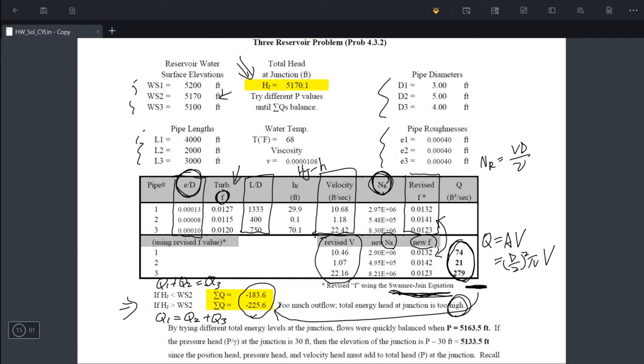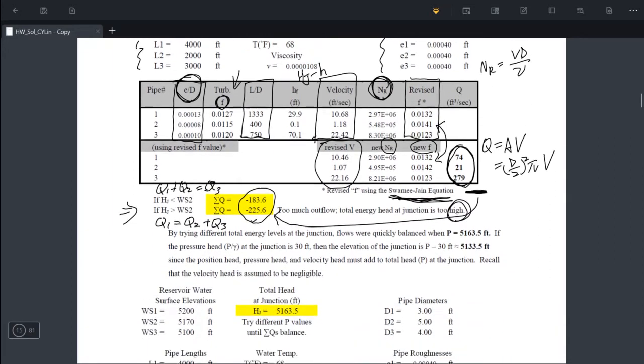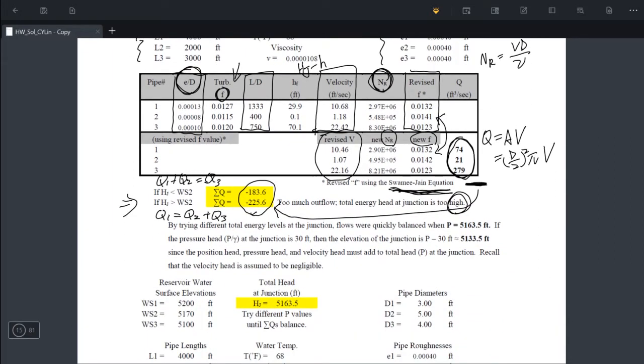So we just find a value less than this value and do this entire process again. And if you do this several times, maybe you can plot your solution in a line and try to find the cross section and identify which total energy head at the junction you should use.